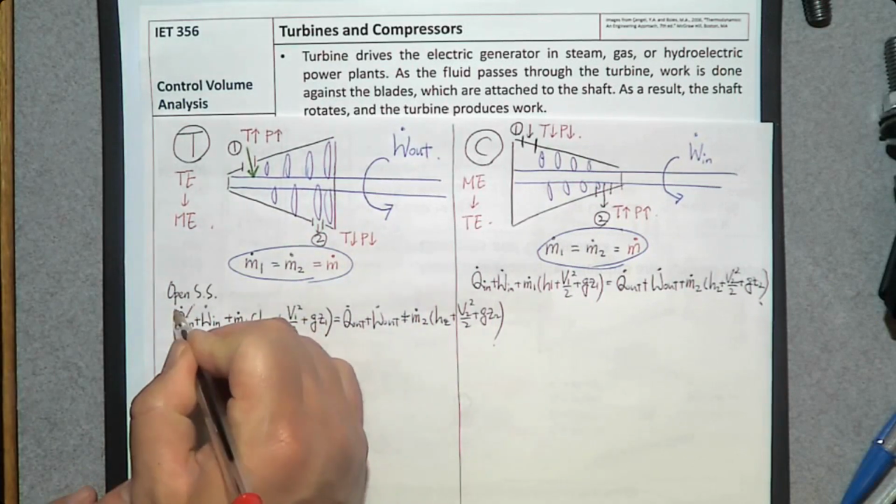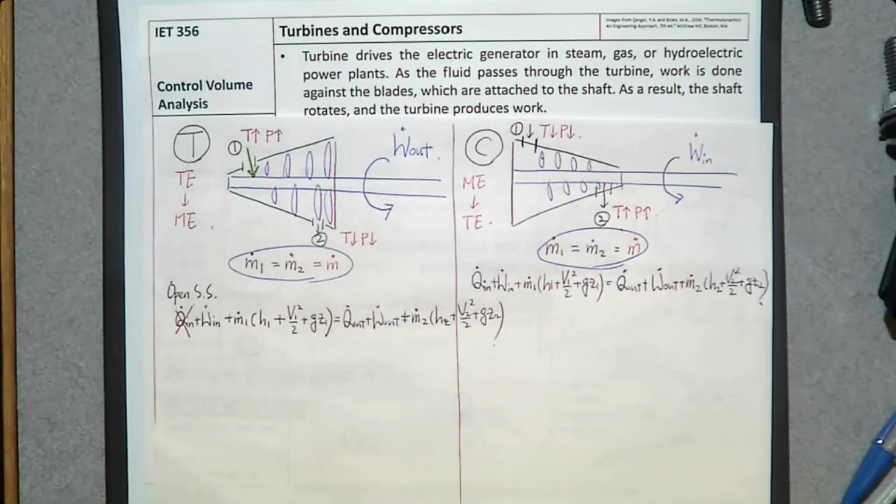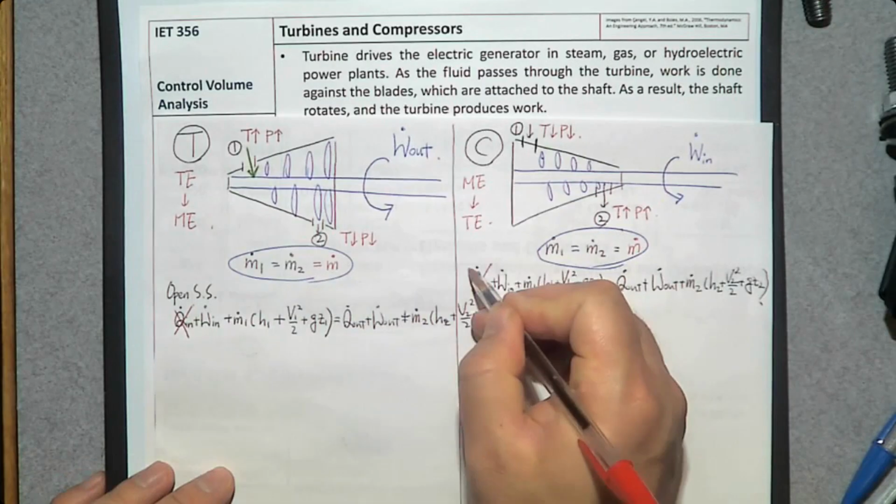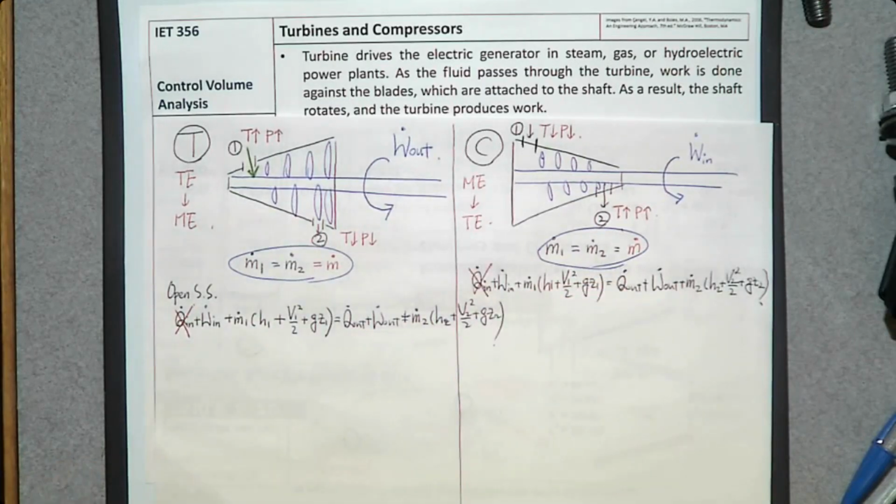No, we neglect Q dot in. What about the compressor? When you run your refrigerator, do you heat the refrigerator to work better? No, it doesn't make sense. There's no Q dot in. This turbine produces W out. Then is there W in? No, so you can neglect W in.